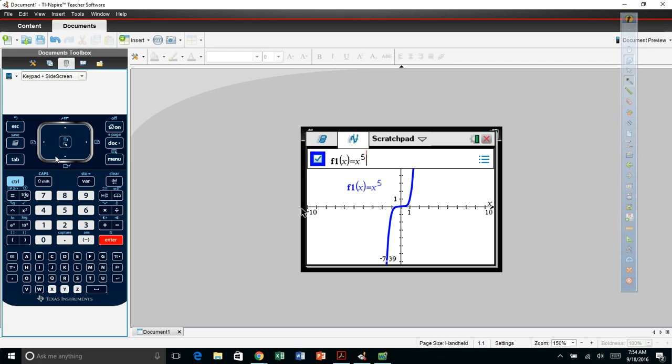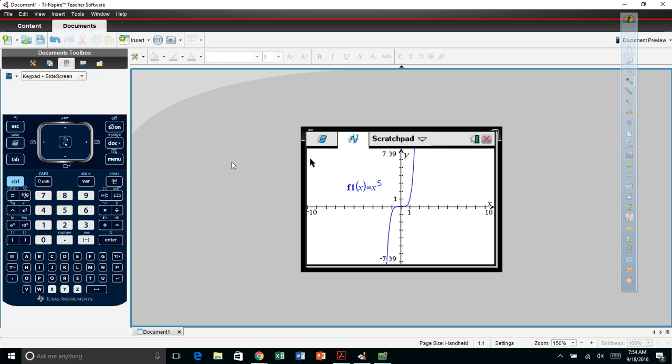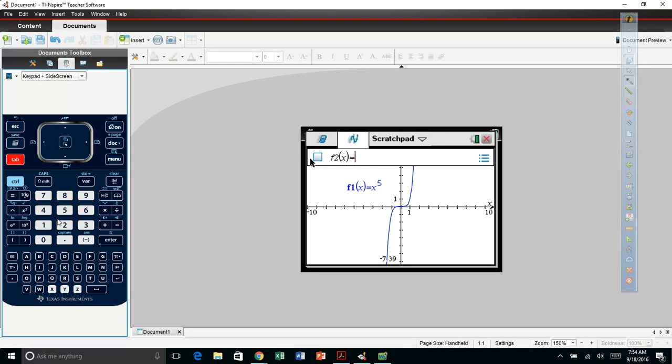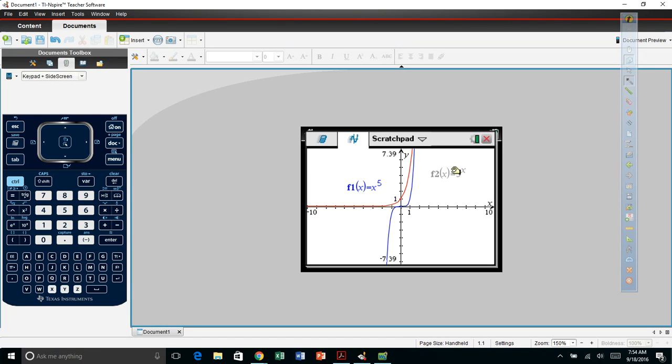And then we've got 5 caret x. And notice the difference.